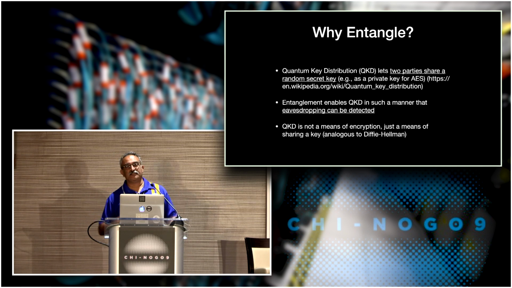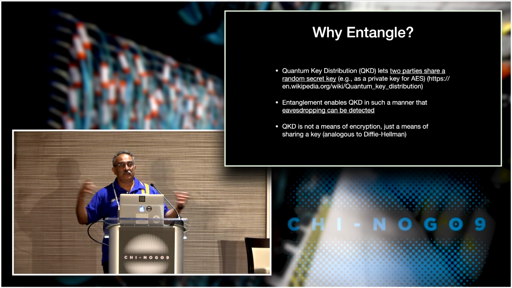So Bob starts measuring and Alice says, hey, I see the same state. So they can actually exchange a random string, which can be the basis for regular cryptography. So you're sharing a random secret, and you can use this as a private key for AES or whatever else you want to do.